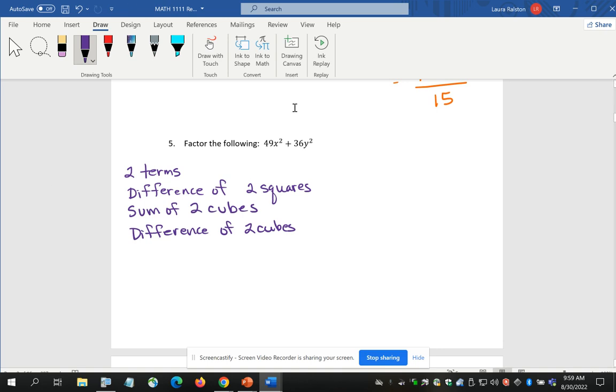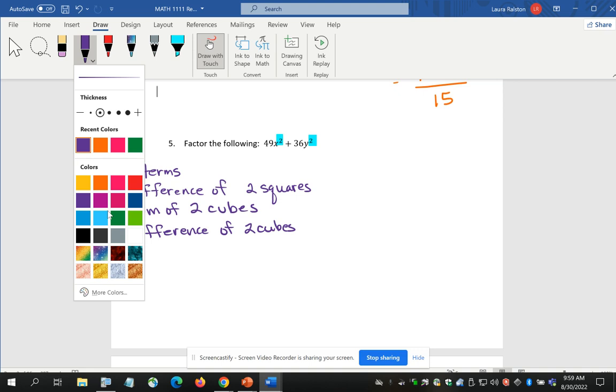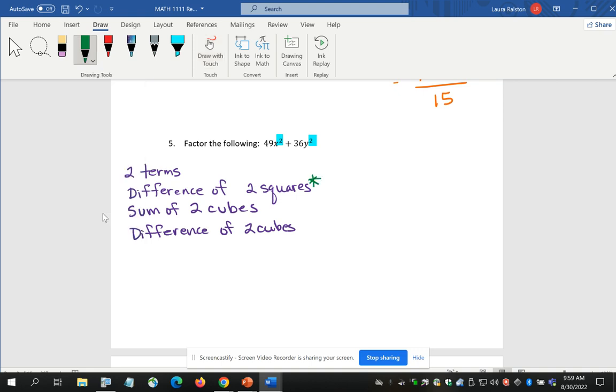So I have to think about which pattern, if you will, do I have in this problem. One of the first things that I notice is that I have these exponents of 2. So that really makes me think, at least initially, that I'm dealing with a square.